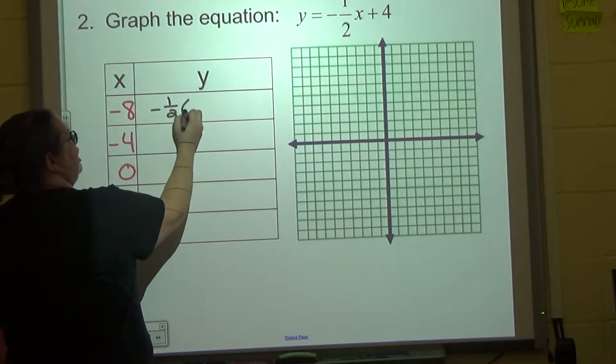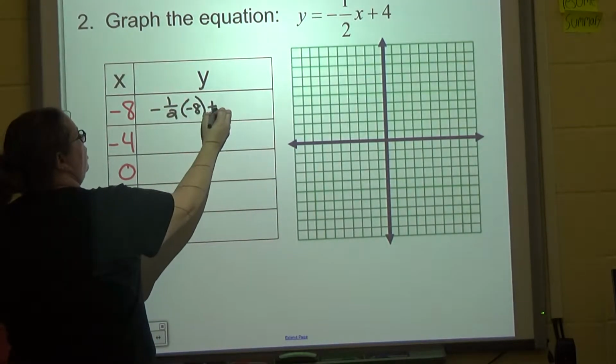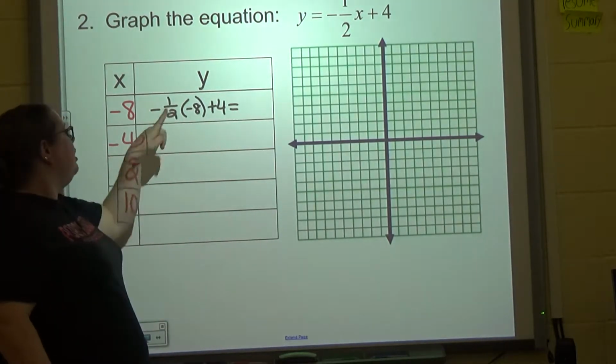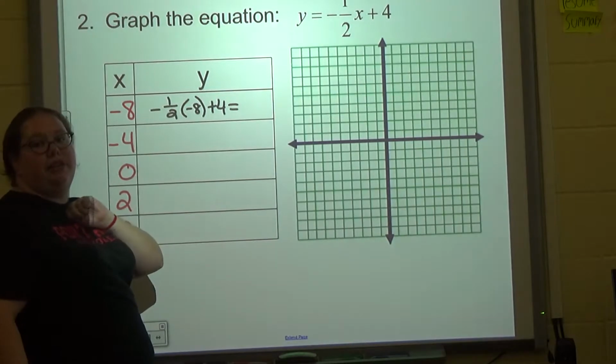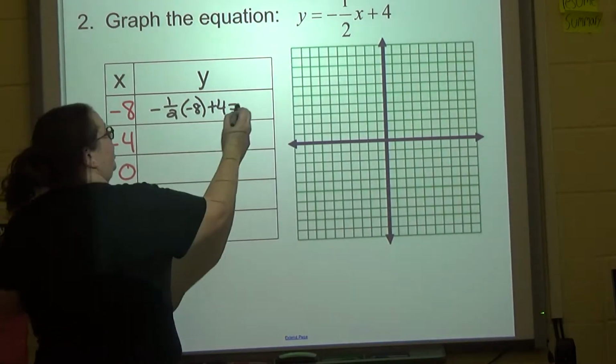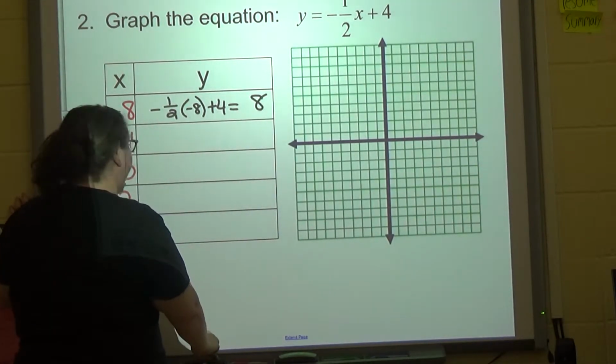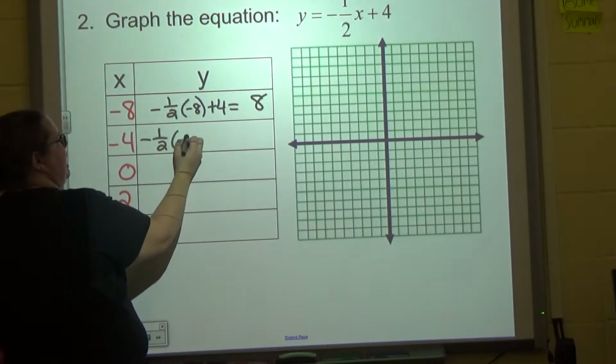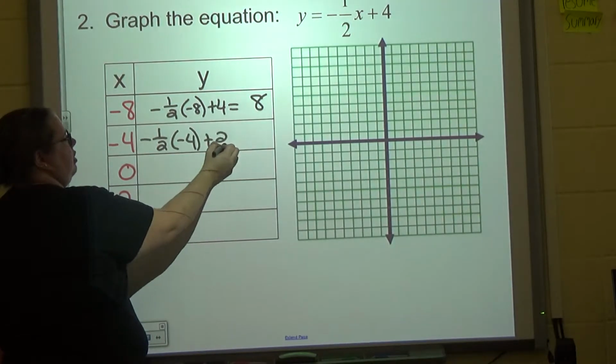Negative 1/2 times negative 8 plus 4 equals. Half of 8 is 4. Since I have two negatives, it's positive 4. 4 plus 4 is 8. Negative 1/2 times negative 4 plus 4.